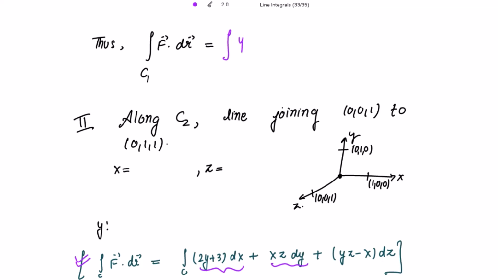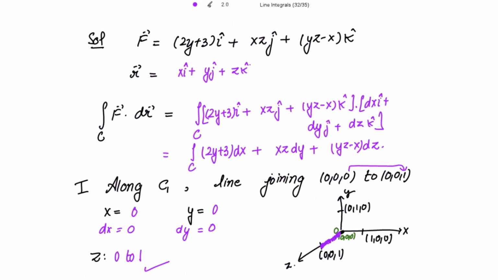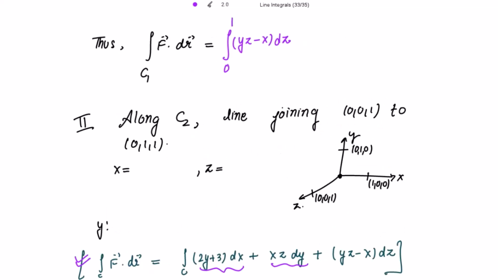The third term is (yz minus x) dz, and z varies from 0 to 1, but x and y are 0. So this is completely 0.